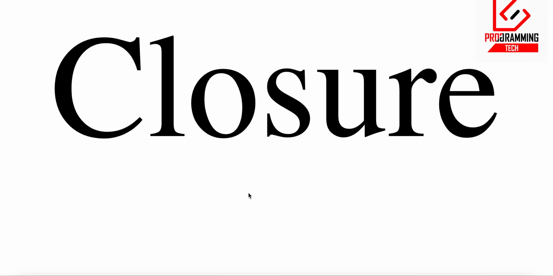In terms of definition, there are several definitions for the closure. The first definition is, while some function is using some variable from its parent scope or from lexical scope, that variable is called a closure for that function.